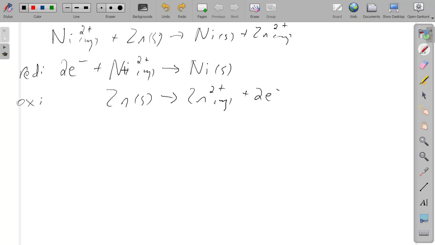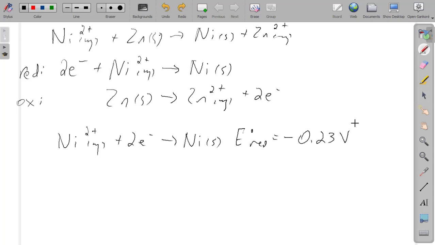Now, in order to use the table, everything has to be written in terms of reduction. So the nickel, I'm just going to rearrange the reactants there a little bit so that Ni2+ plus 2 electrons yields the nickel solid. When you consult a table, you will find that that reduction potential, that E0 red, is going to be negative 0.23 volts. Now, for this one, remember, just like a lot of other things, it's complementary.